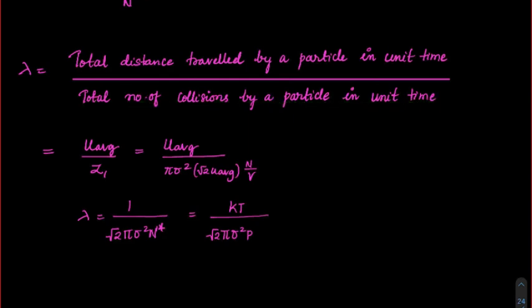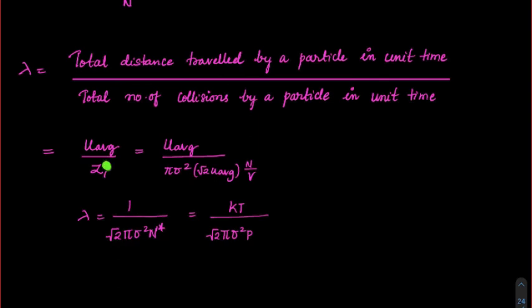Correct? Because that much amount of distance it is traveling, divided by the total number of collisions which it is making. So u average is the distance traveled in unit time, divided by total number of collisions of a particle, because we are only talking about a collision number, not collision frequency here. So mean free path is with respect to one particle.